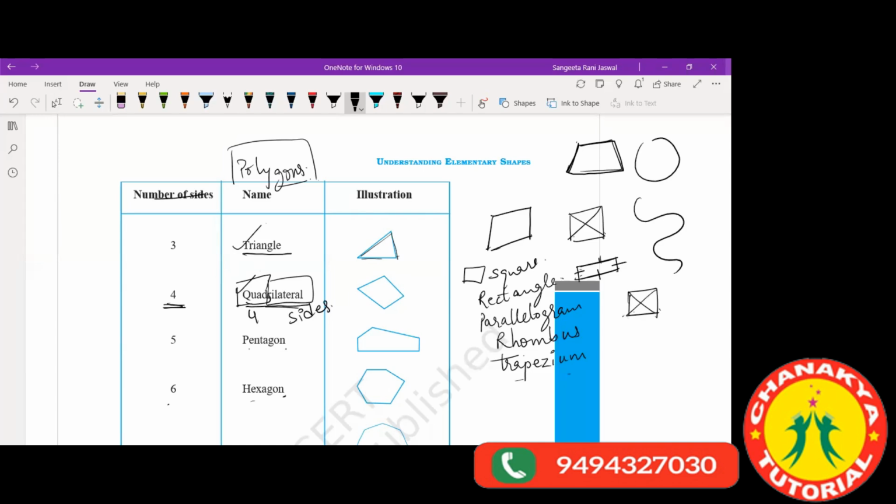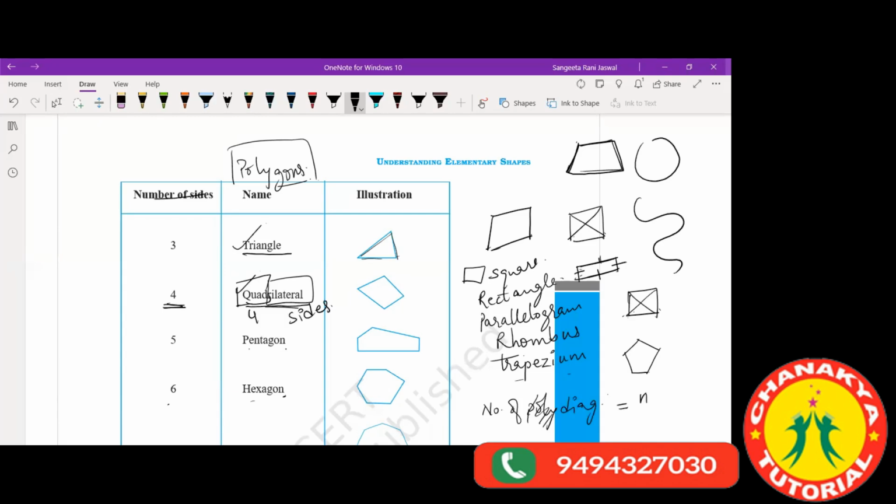But if I ask how many diagonals you have in a pentagon or hexagon, heptagon, or any further polygons, then how will you find them? For that we have to find the number of diagonals in a polygon.